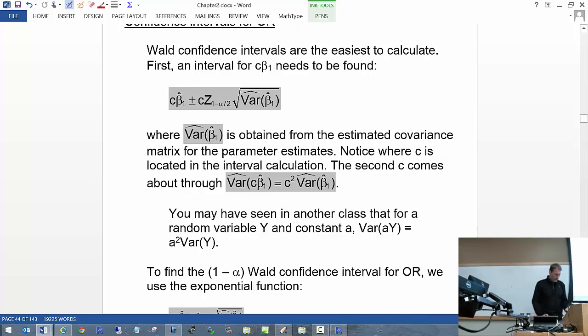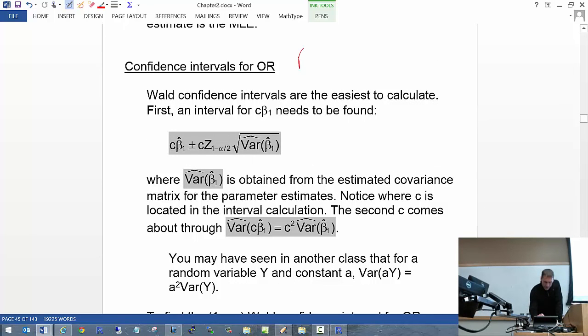What about confidence intervals? This goes to page 245. A Wald confidence interval can be found, first of all, for beta 1. How do you find a Wald confidence interval for beta 1? Beta 1 hat plus or minus the 1 minus alpha over 2 quantile from a standard normal times the estimated standard deviation of beta 1 hat.